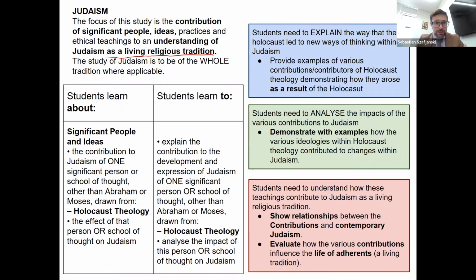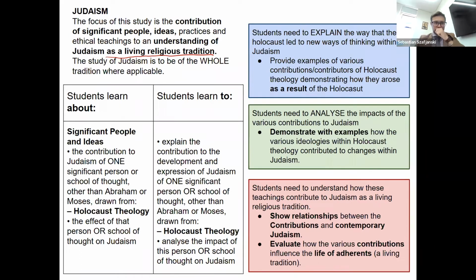It's very important that we're consistent in that. We're looking at something historical specifically with Holocaust theology, but it is a living, evolving paradigm of the religion. Even to this day, people are coming up with different responses to the original responses of Holocaust theology. And we'll see that as we go into our impacts.